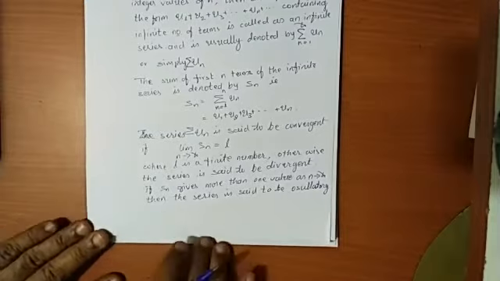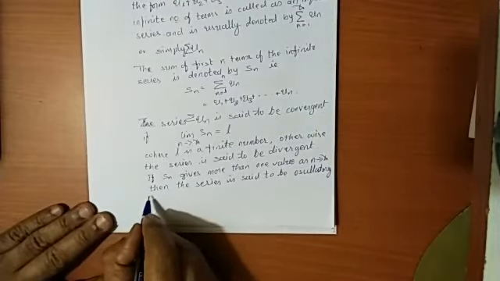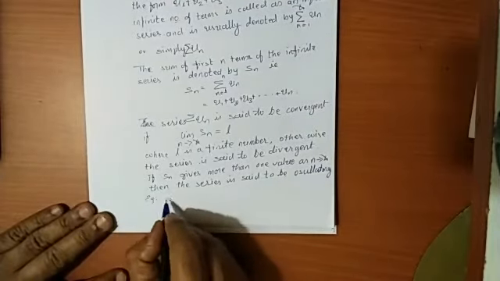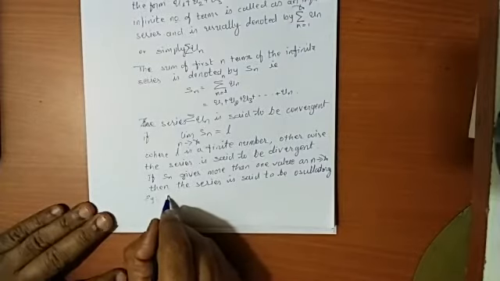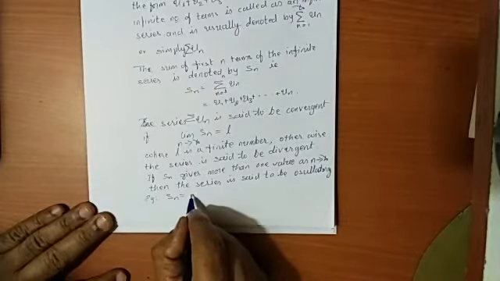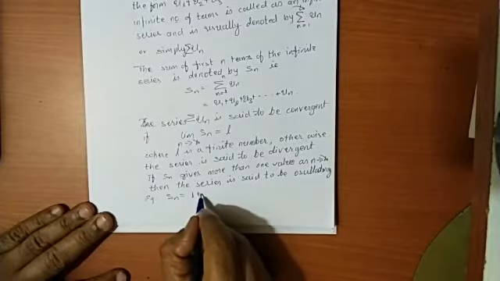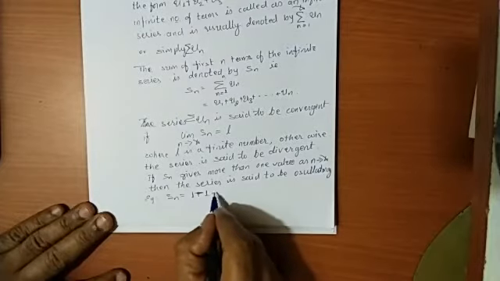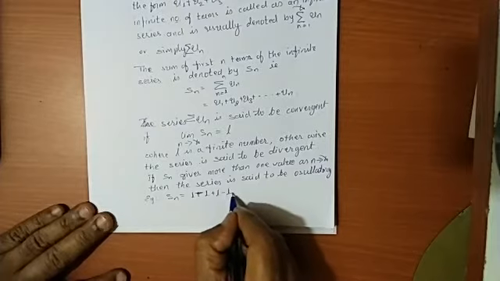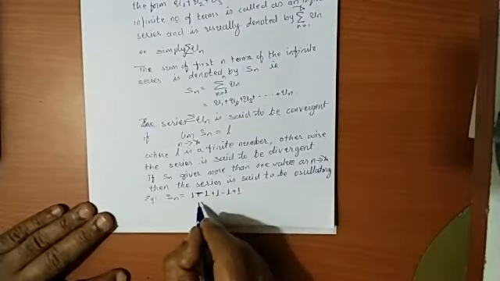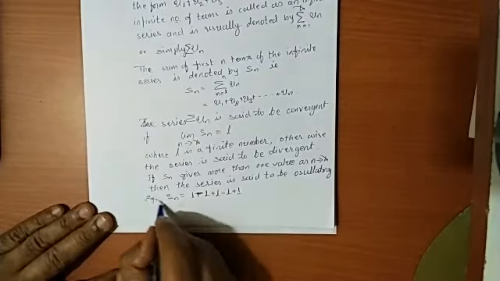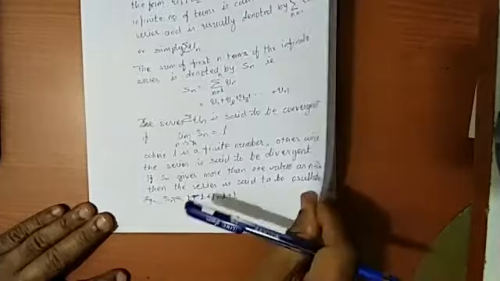See, for example, if I consider Sn is equal to 1 plus 1 minus 1 plus 1 minus 1 plus 1. I'll give you the example in the next page.